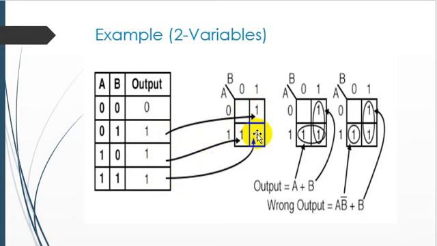It's very important. Here is the concept of overlapping. For example, you can see this K-map. Firstly, if we make a pair of these two ones and leave the second one independent, then our output equation is going to be a bit complicated.